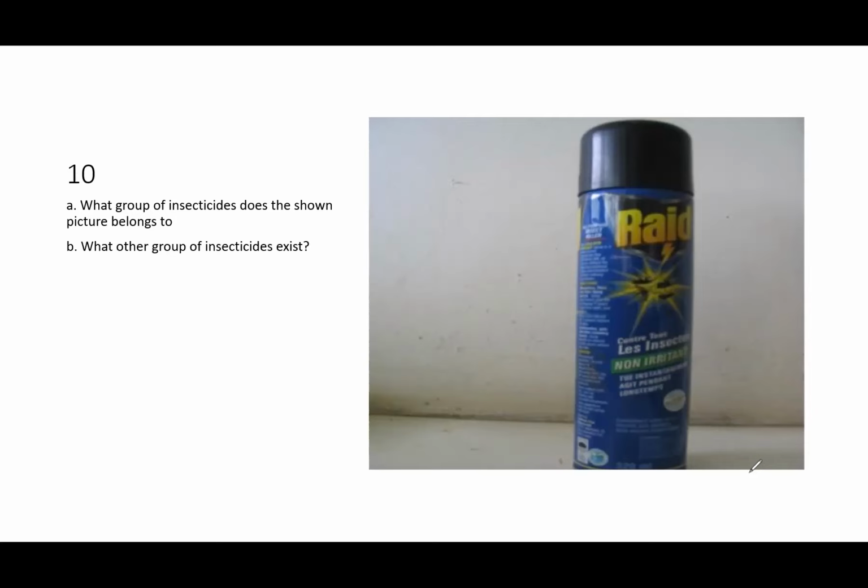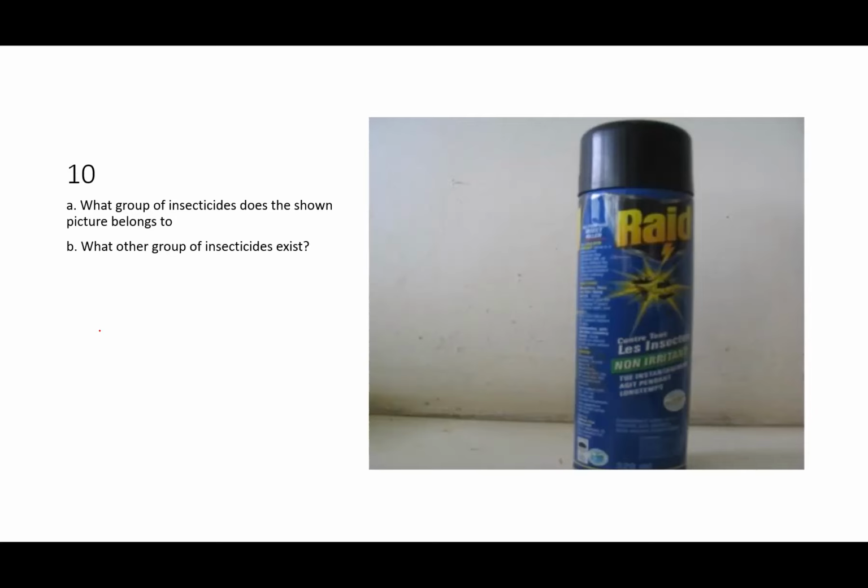Now, non-residual insecticides have short durations on surfaces, while residual insecticides have long duration. Even some days after application of residual insecticide, if an insect crawls over that surface, it will still kill the insect.